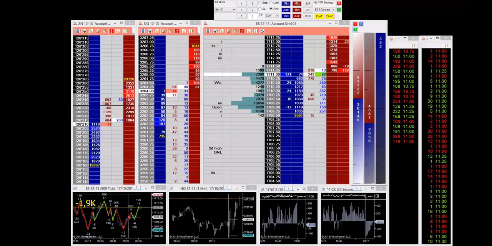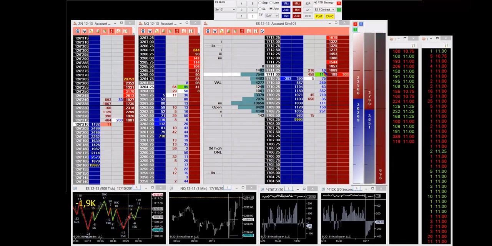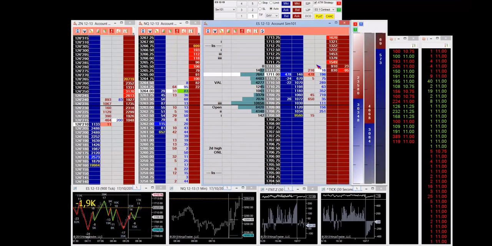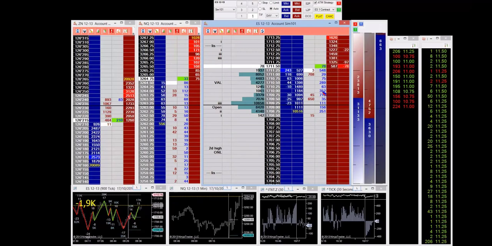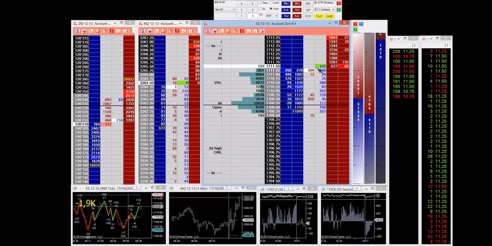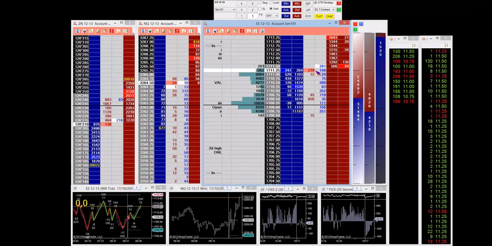Okay, so the first one we're going to look at, this screen here, is a depth of market. It is a slightly different depth of market because it actually shows you the orders. If we look almost in the center, we've got a red number on the left and a blue number on the right, and that is actually the market orders.